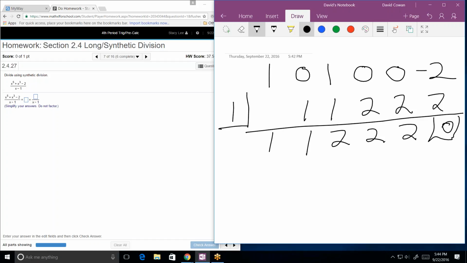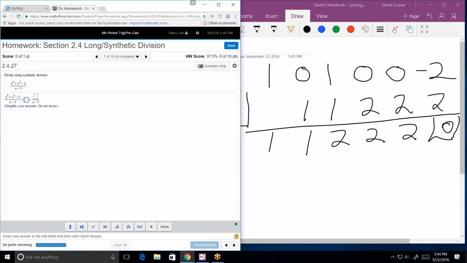Okay, that's what I got. Let me put that in. All right. x to the 4th plus x cubed plus 2x squared plus 2x plus 2, with a remainder of 0.